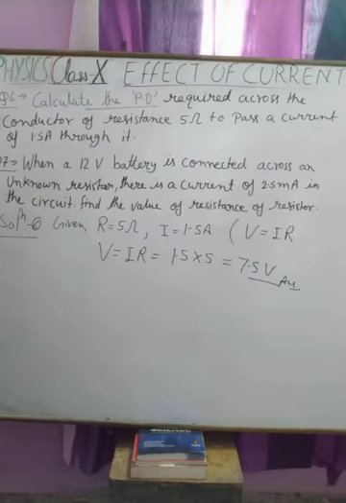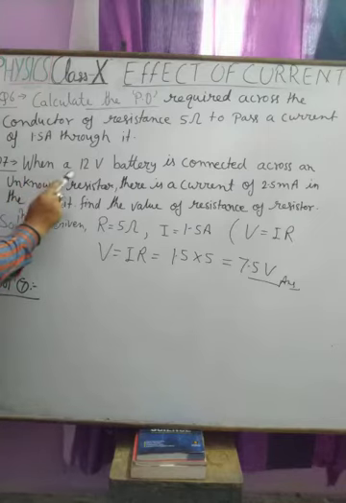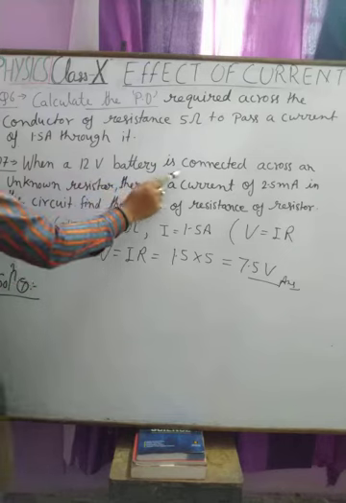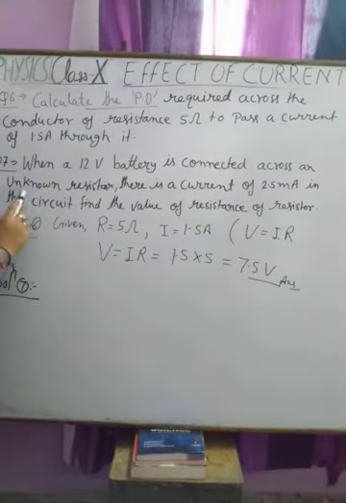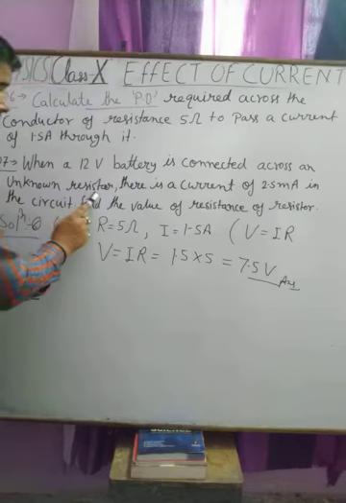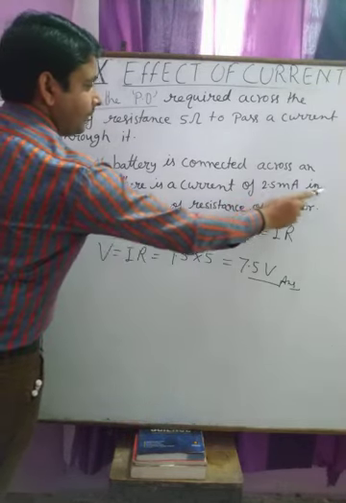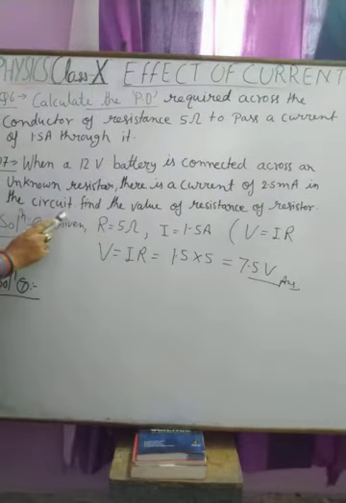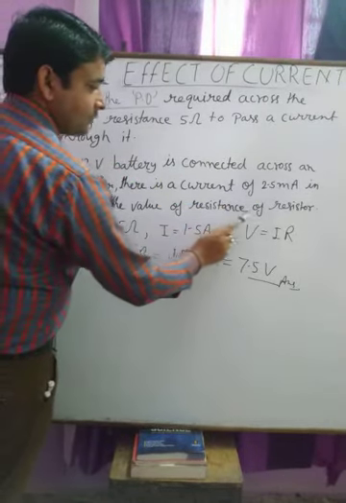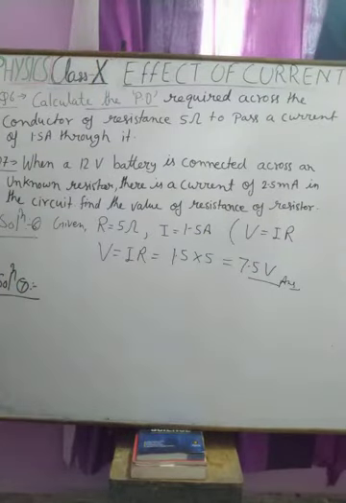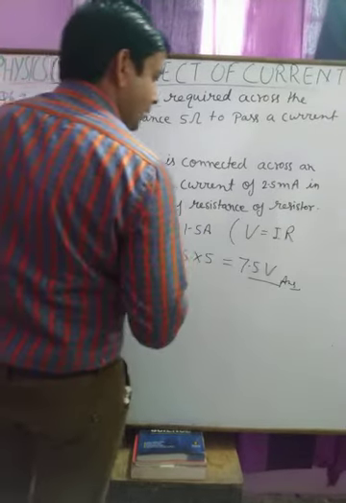Okay, now we are going for the solution of number 7. In question number 7 we have: when a 12 volt battery is connected across an unknown resistor, there is a current of 2.5 milliampere in the circuit. Find the value of resistance of the resistor. Here we have to calculate the value R. We are using the same formula.